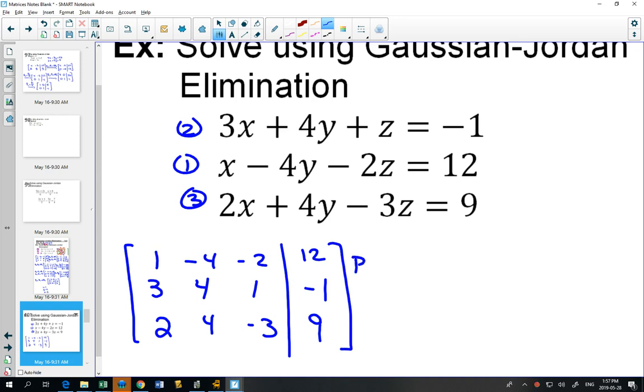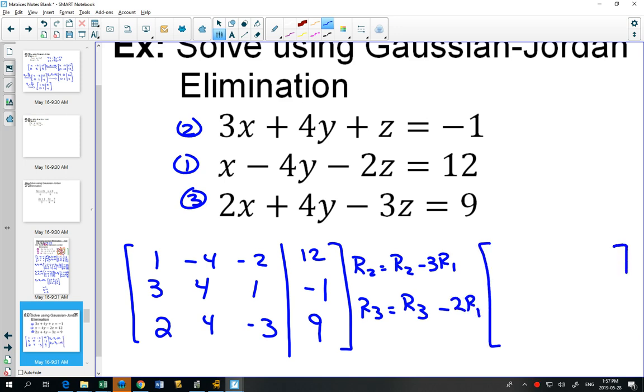Perfect. So now I can change row 2 to equal row 2 minus 3 row 1s, and row 3 to equal row 3 minus 2 row 1s. Row 1 doesn't change. 1, -4, -2, 12. Row 2 minus 3 row 1s, so -8.